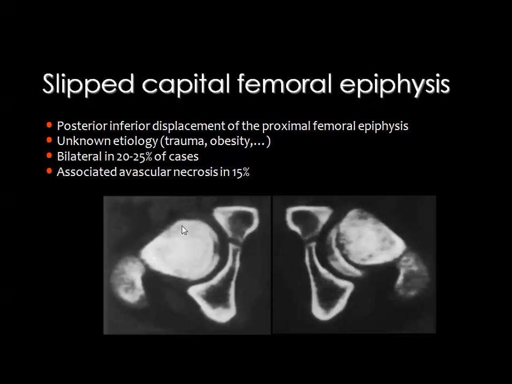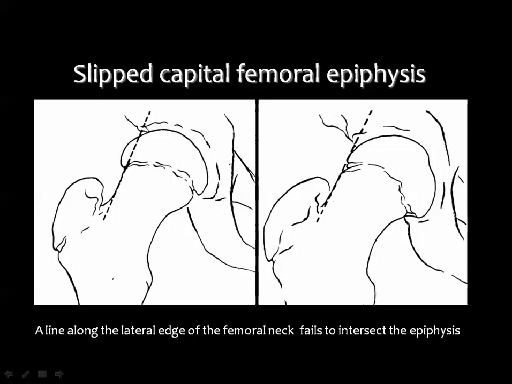This is the normal appearance of the capital femoral epiphysis by CT, and this is the slipped epiphysis on the left side. And this is one of the ways to predict the slipped capital femoral epiphysis from the frontal radiograph of the pelvis: just draw a line going along the lateral border of the femoral neck.